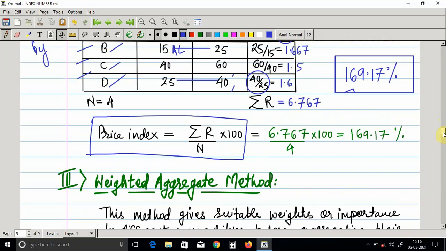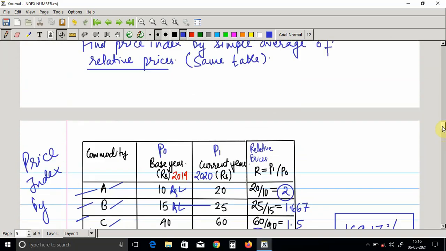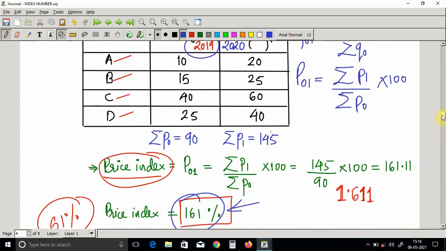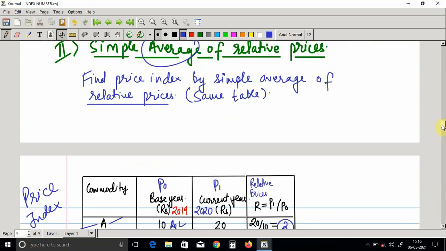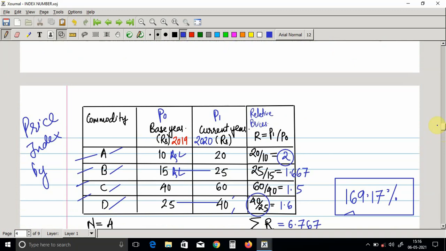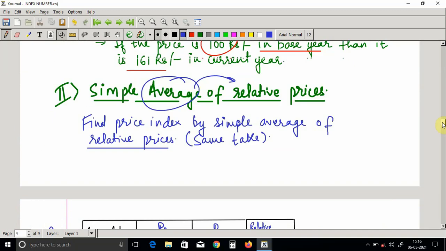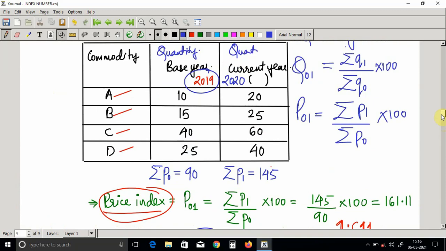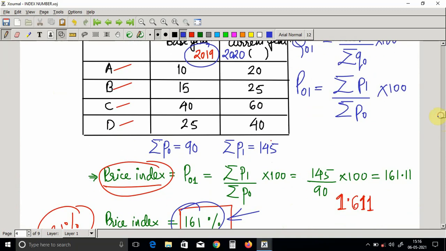So these are the two methods, simple aggregate and simple average of relative methods. So आगे बढ़ने से पहले we must see that इन दोनों में क्या problem है. Since it is a very basic average, you can think that these two calculations will be affected by outliers.